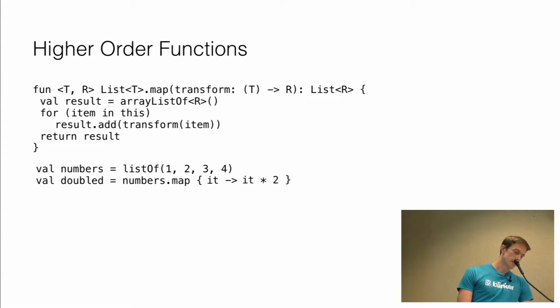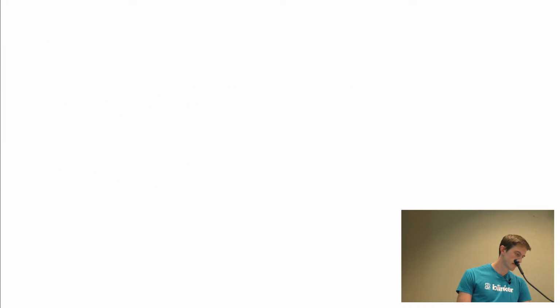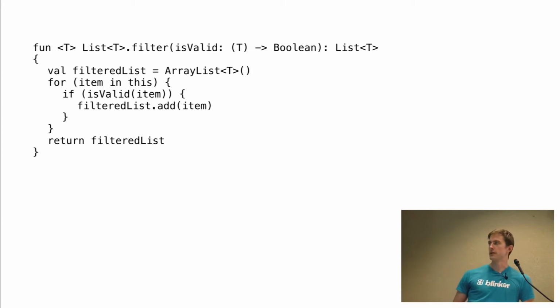And inside of the Lambda, we don't actually need that first it, so we can shorten that a bit as well. And just as another quick example, same thing for a filter type function. We can pass in a function that chooses whether or not a value is valid in a list or not, and then we'll build a new list and only add the valid items in.